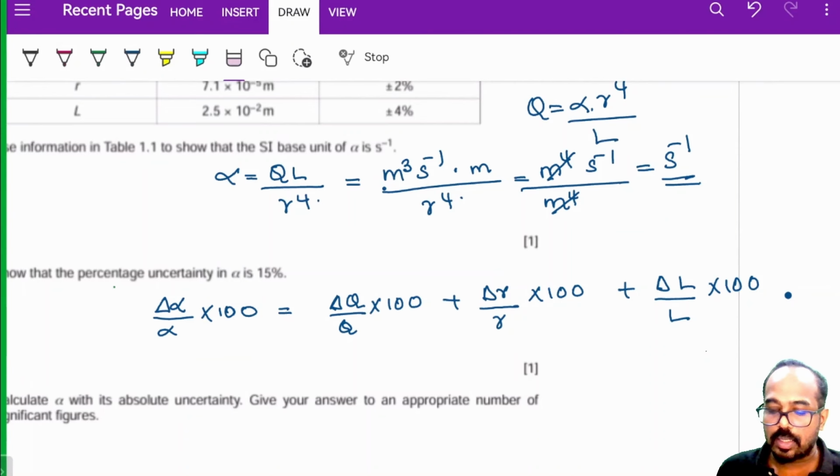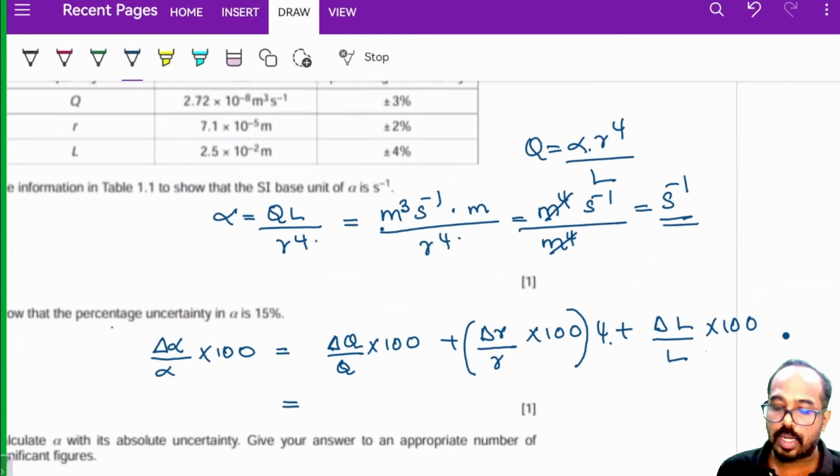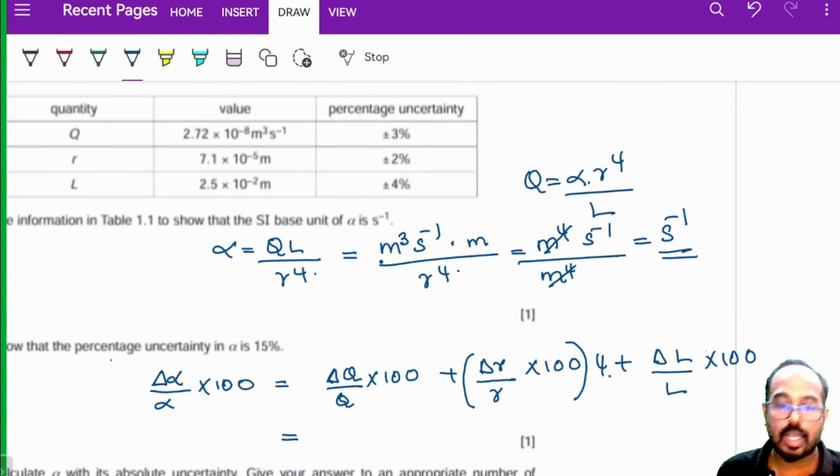Next step, you need to check the power of each quantity. The power of Q is 1 and L is 1, so you don't need to write that, but the power of R is 4, which means the power should multiply with the uncertainty. Next, substitute the values, because the percentage uncertainty in Q, R and L is directly given.